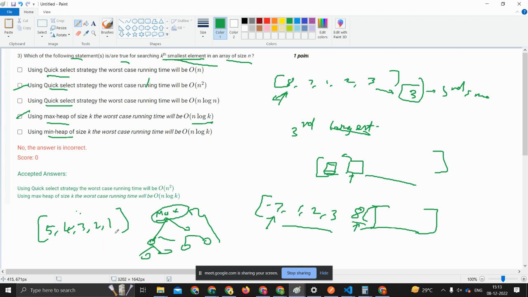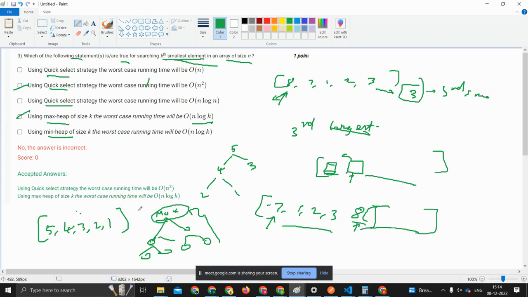The first element will be the smallest, and the second smallest will be one of the children of the root, either left or right. So you don't have to go down a lot.